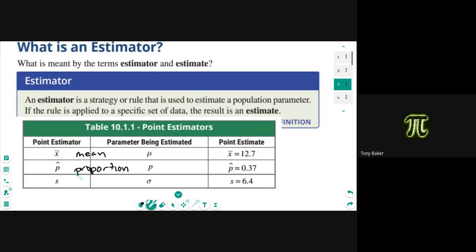Then we have p hat, which is our proportion, and we're going to be estimating the proportion of our general population with that sample. And the last one is standard deviation, which we will not be looking at. I'll leave the chi-squared formulas for a higher level stats class.